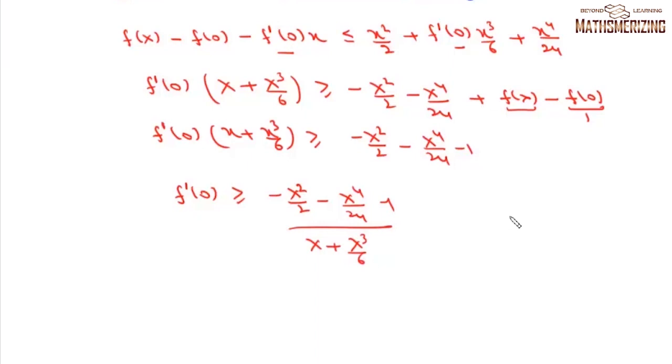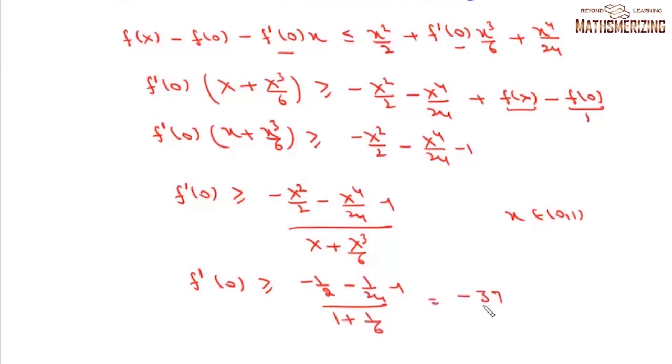This will be true for any x which lies in the interval 0 to 1. Now this function on the right is an increasing function. So this f dash 0 will always be greater than or equal to the value when x is 1. So if you put x as 1, we'll get minus 1 by 2 minus 1 by 24 minus 1 upon 1 plus 1 by 6.